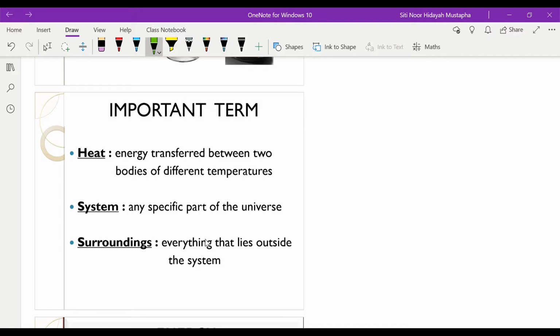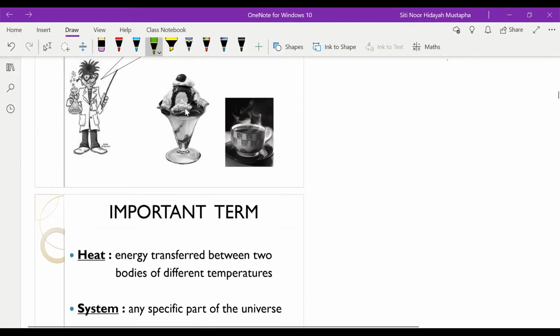So let's see an example with this ice cream. The ice cream has a temperature, let's say it is -1 degrees C. The surface of the ice cream will be your boundary, the inside will be your system, and the outside will be your surroundings.